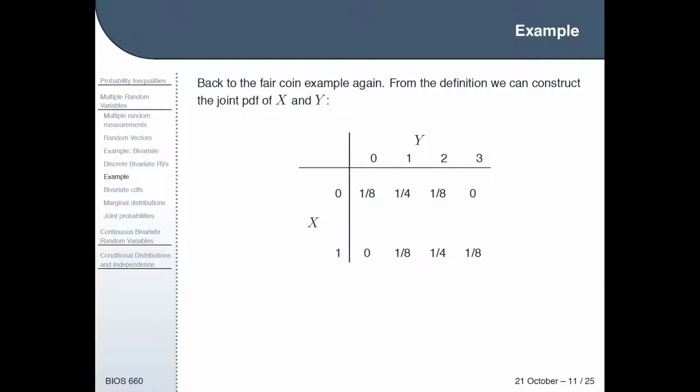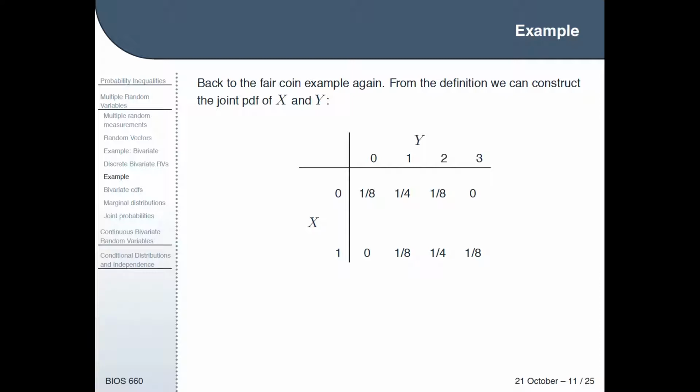The last toss has to be a tails, but exactly one of the first 2 tosses has to be a heads. It's 2 out of 8 ways that can happen, so probability is 2 out of 8 or 1 out of 4.